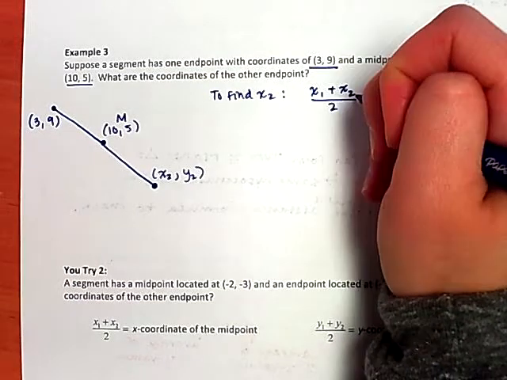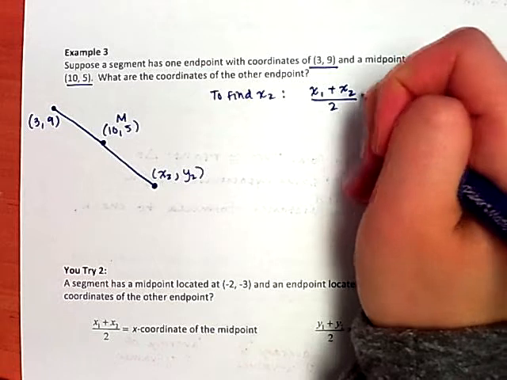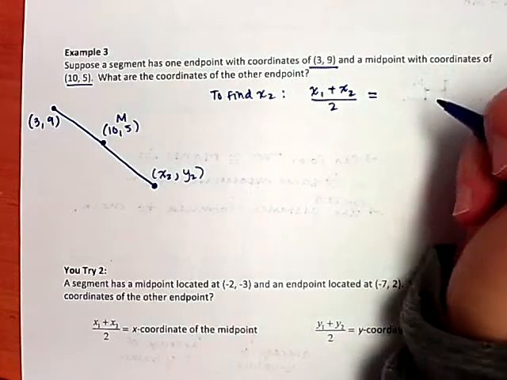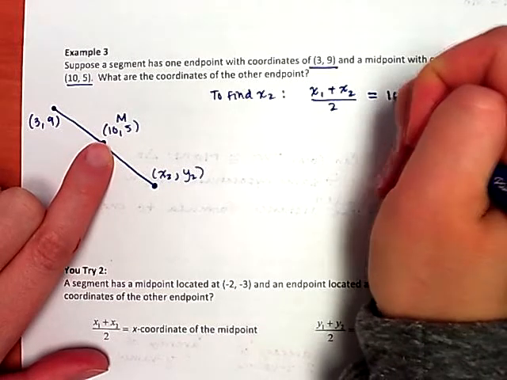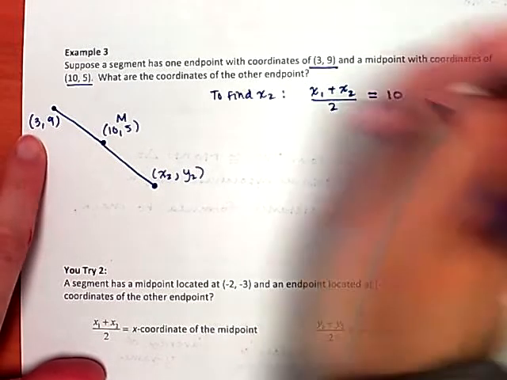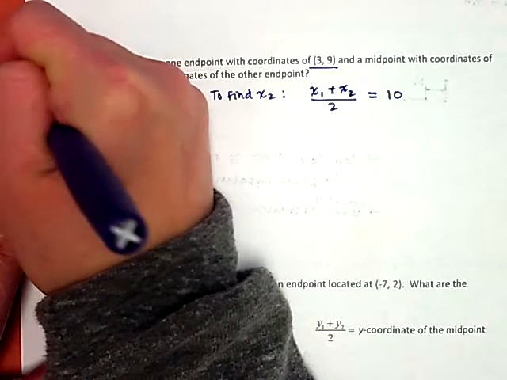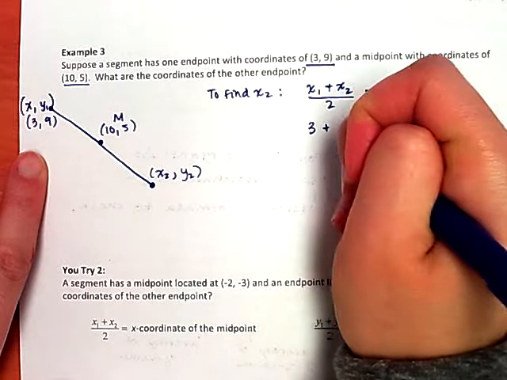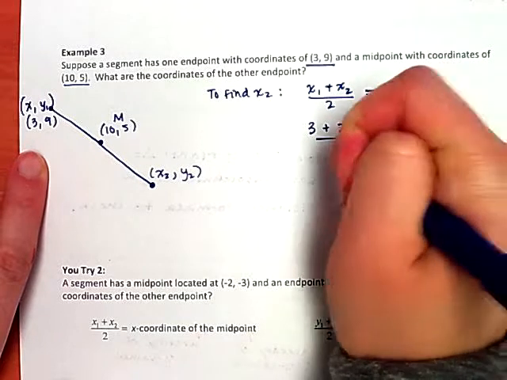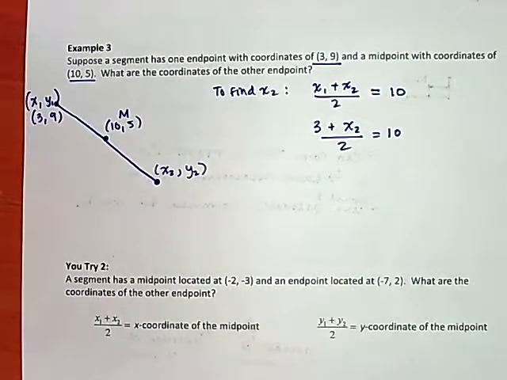So x1 plus x2 over 2 should equal the x value of the midpoint, which I know is 10. So I should set that equal to 10, and I can also plug in x1, because this is x1, y1. So I know x1 is 3, so I have 3 plus something I don't know, call it x2, over 2 equals 10. And this is an equation I can solve.